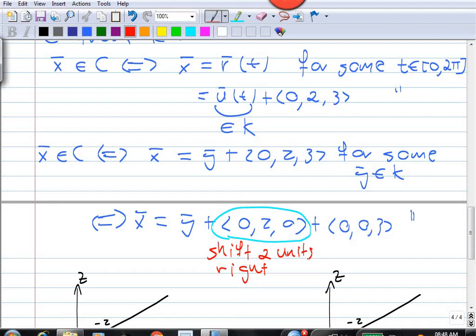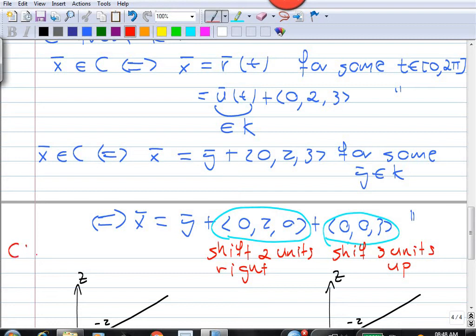Adding that 0, 2, 0 shifts the curve 2 units to the right. And likewise, adding 0, 0, 3 has the effect of shifting the curve 3 units up. So what have we got?